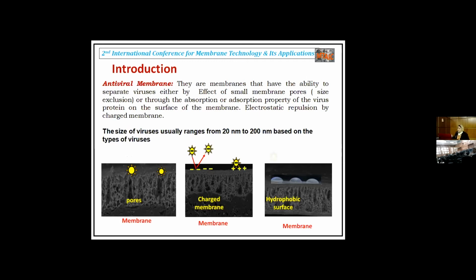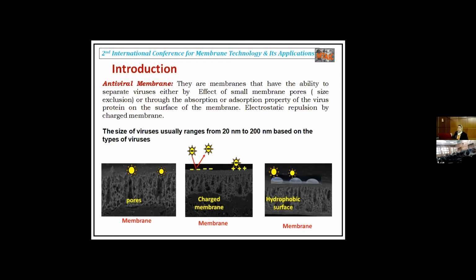First, most viruses in wastewater range from 20 nanometers to 200 nanometers. Based on the type of virus and the pore size of the membrane, viruses larger than the pore can be separated by the mechanism of size exclusion. However, charged membranes, which have a negative charge, can separate negatively charged viruses depending on the charge of the protein.